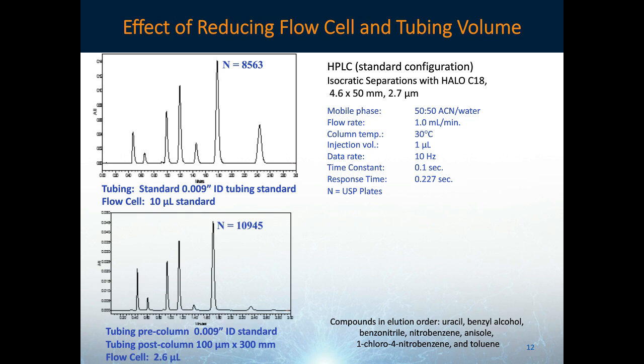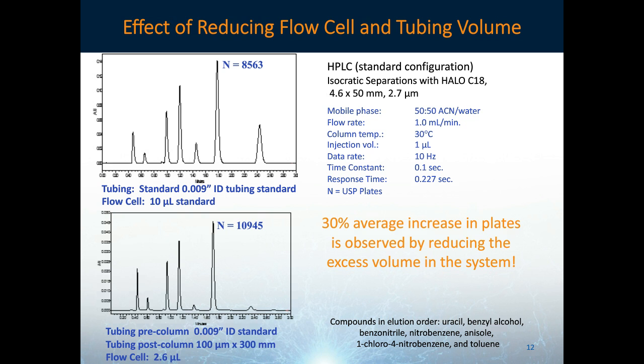Now just going from that, reducing the post-column tubing to 100 microns by 300 millimeters and switching to a 2.6 microliter flow cell, we see a 30% increase in plates just by reducing that excess volume in the system. So depending on what HPLC or UHPLC system you're using, you can really see some big advantages just by going to a smaller flow cell and shorter tubing with smaller IDs.